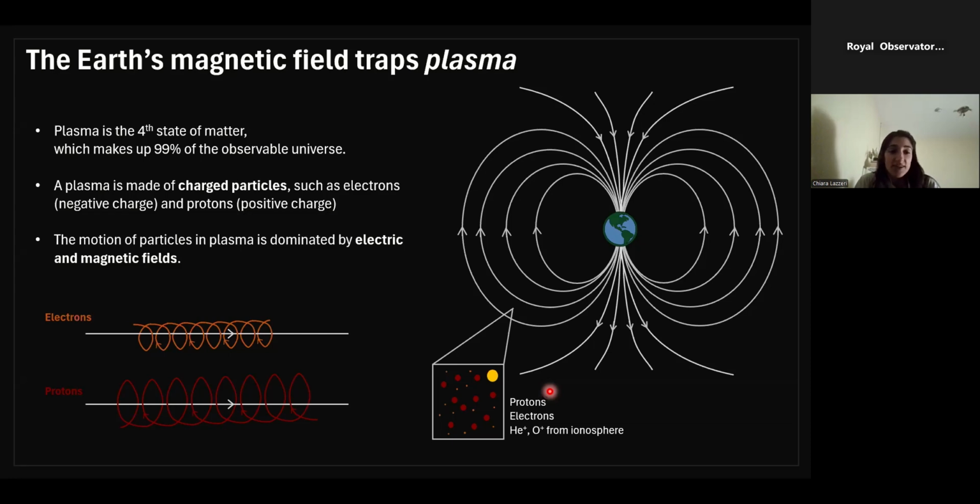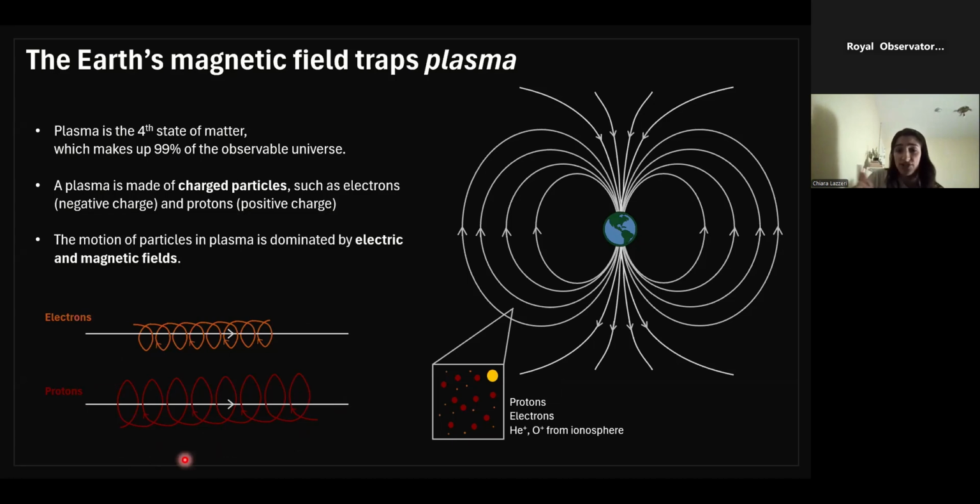The motion of these particles is also very strongly affected by electric and magnetic fields. And here in this diagram, you can see how the electrons and protons move in the presence of a magnetic field. So this is a magnetic field line. And you see that protons and electrons tend to move along the field line and also to rotate around it.